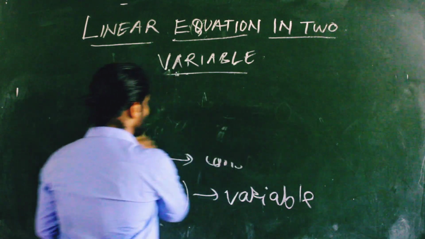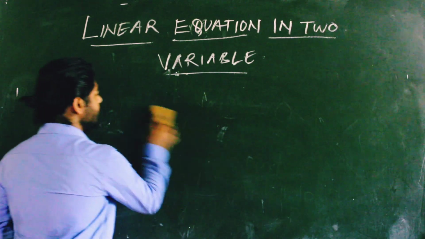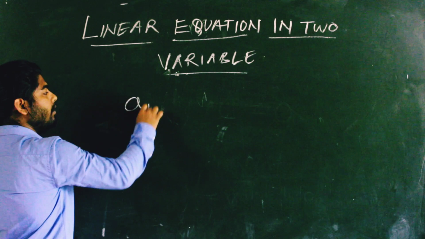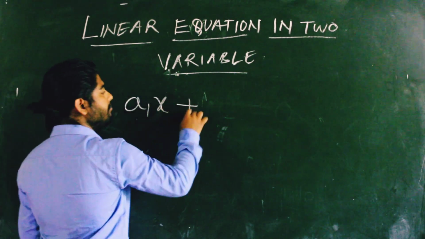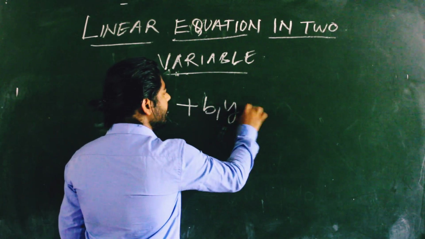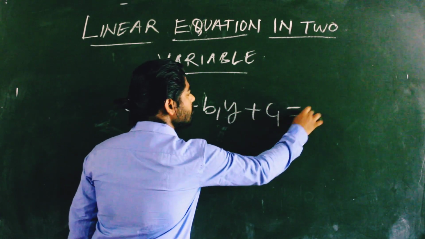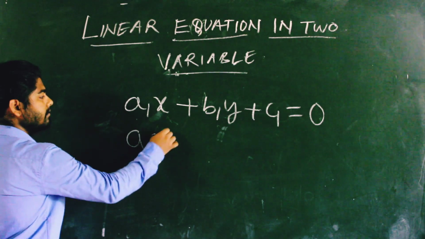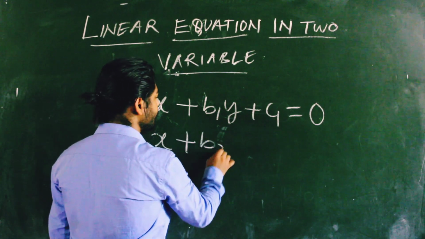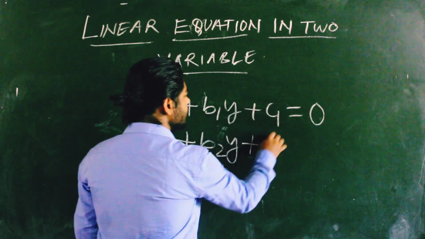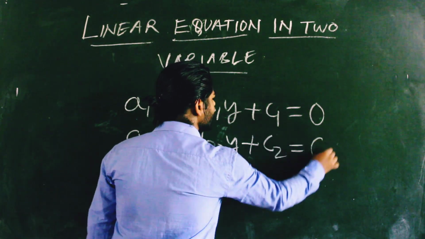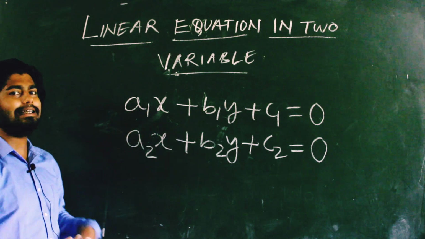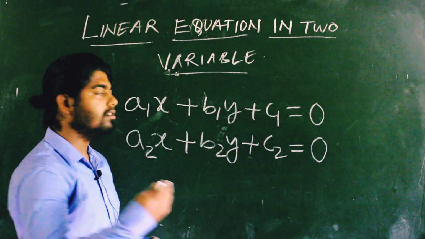Once you have two equations, each has its own standard form: a1x + b1y + c1 = 0, and again a2x + b2y + c2 = 0. These are the two equations which we will see later in the chapter, and how we will solve these two equations.